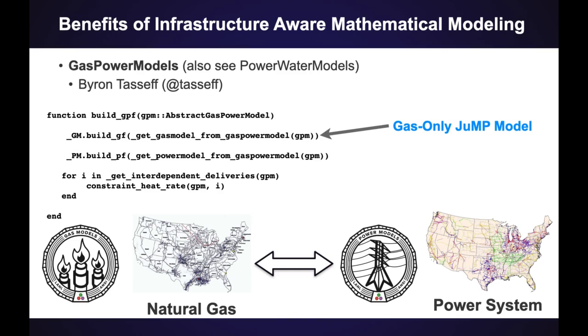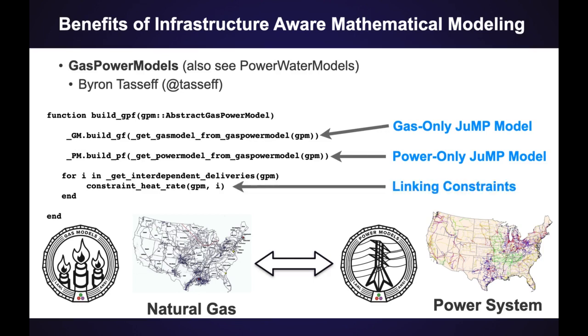And so this package doesn't know anything about the broader ecosystem. Then we can ask, build some power flow problem, and only the power package knows how to do that properly. And then in the last step, we do these linking constraints that connect the two pieces. So we're able to build a gas power model package which leverages all of the complexity that's in each of the dependent packages and then links them together with the minimum amount of information.